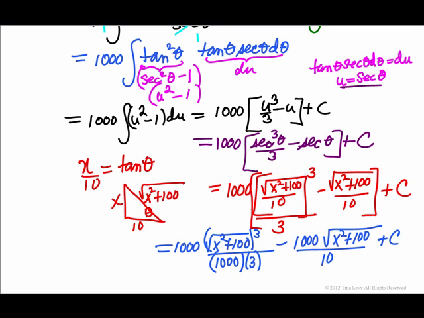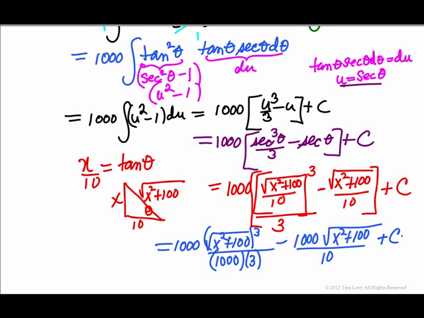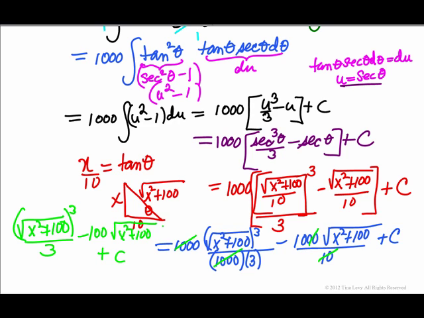And I'm ready for one last step. So the final answer is these thousands cancel. So my final answer is radical x squared plus 100 cubed over 3. And then this cancels here, minus 100 radical x squared plus 100 plus a constant.